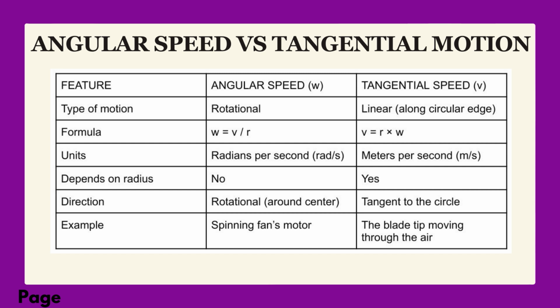For example, angular speed is a spinning fan motor, while an example of tangential motion is the blade tip moving through the air. So remember, angular speed is how fast something spins, and tangential motion is how fast a point moves along the edge.